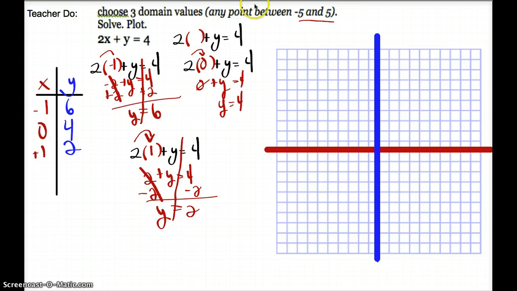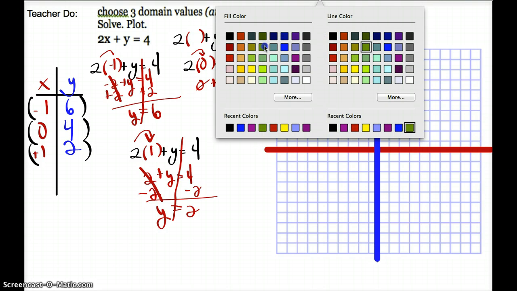Okay, again, these are ordered pairs. So I have -1, 6; 0, 4; and 1, 2. So let's find these points. Let's do these in different colors. Let's make a circle. Let's do one in green.